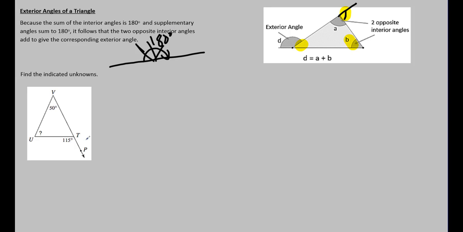So if you wanted to find the U angle, you know that 115 is equal to 50 plus U, just like this property, D is equal to V and U. And then you just do your solving equations, subtract 50 on both sides, and you should be really good at this now, where you don't need to show the balance method.